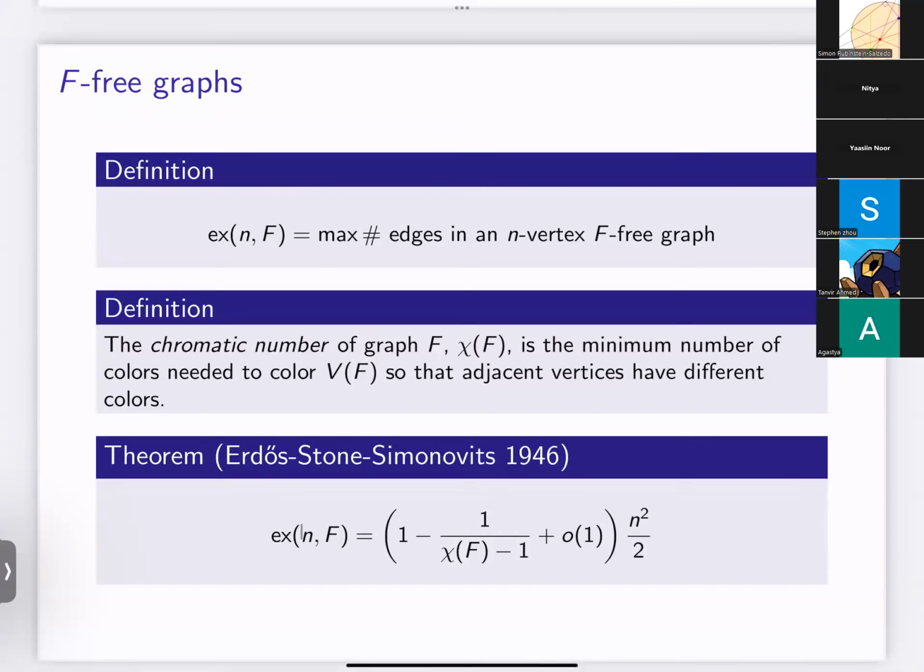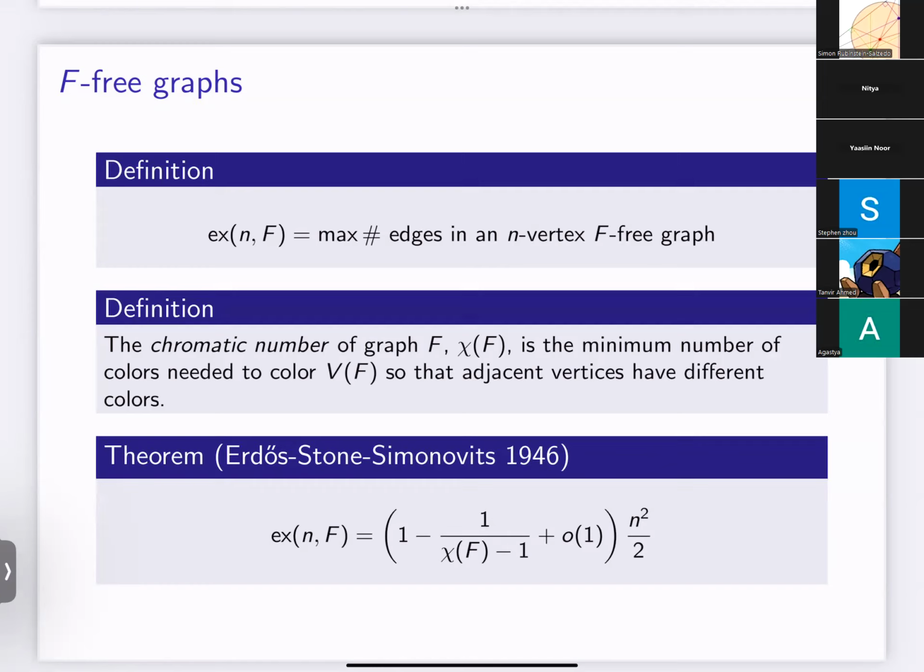And what Erdős, Stone and Simonovits showed in 1946 is that Turán's theorem, substituting r for the chromatic number, exactly holds. The extremal number of an F-free graph, how many edges I can put into a graph without making a copy of F, is achieved by taking an r-partite graph, where r is the chromatic number of F minus 1, and making it a balanced blow-up.